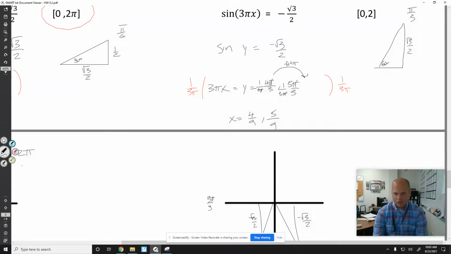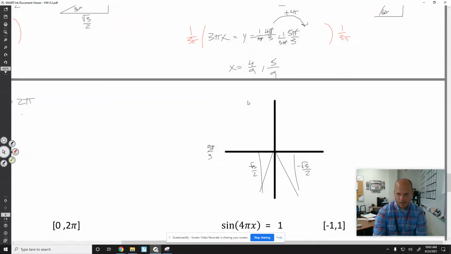We might have to look around the circle again where 4 pi is. I need to take 4 pi, add another 2 pi, go around the circle. 4 pi over 3, add another 2 pi. That's like adding 6 pi's over 3. 2 pi is going around the circle. You can write 2 as 6 over 3.